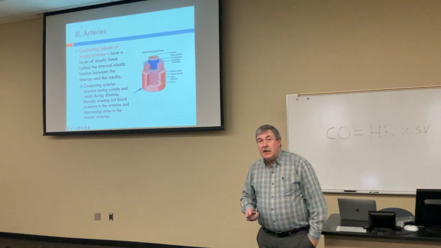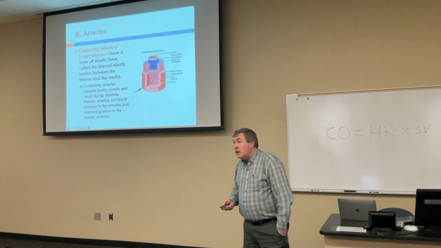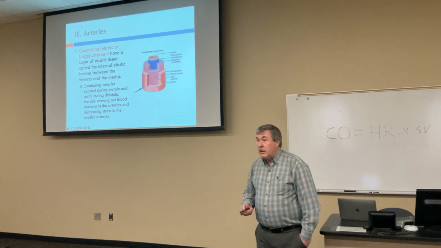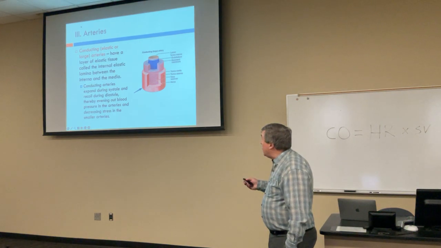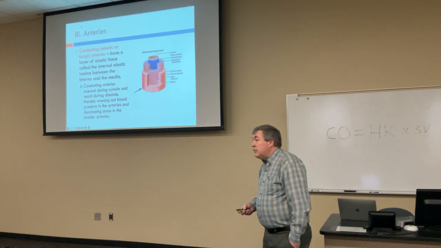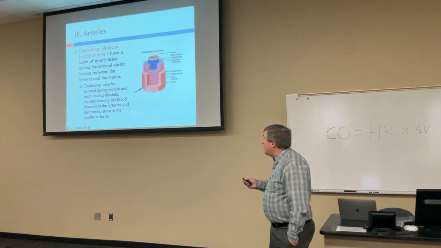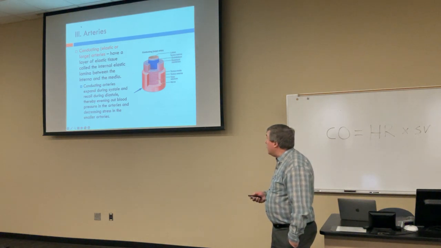These are arteries like the aorta and the pulmonary trunk, as well as the pulmonary arteries. They have a layer of elastic tissue called the internal elastic lamina between the tunica interna and the tunica media.